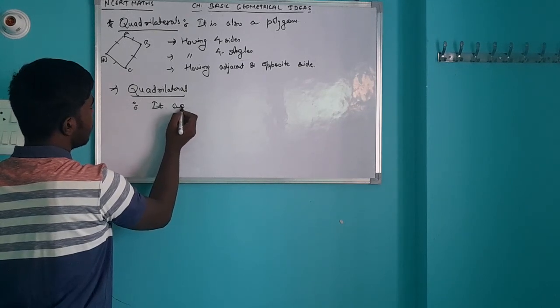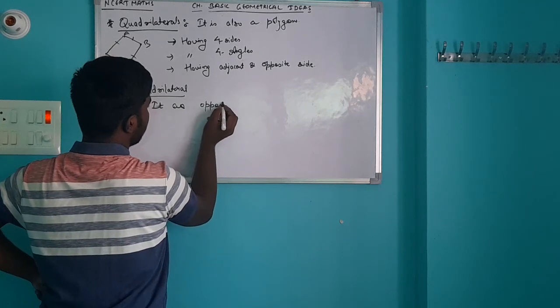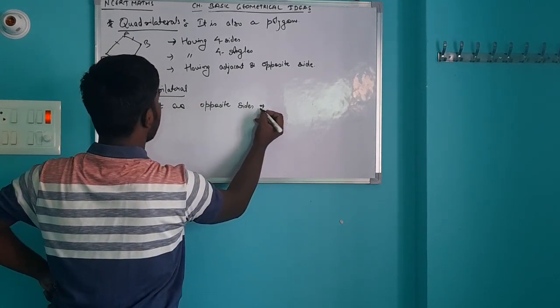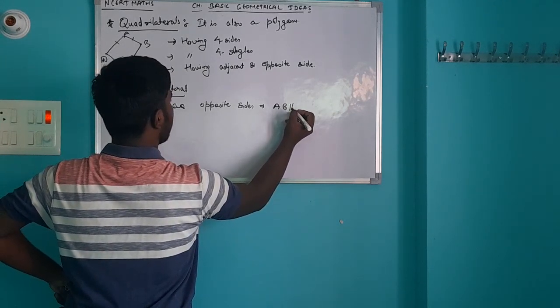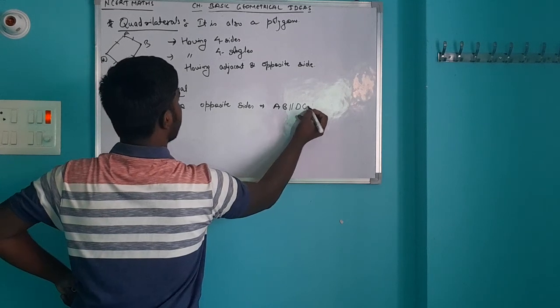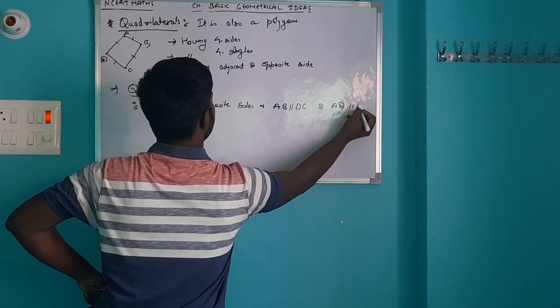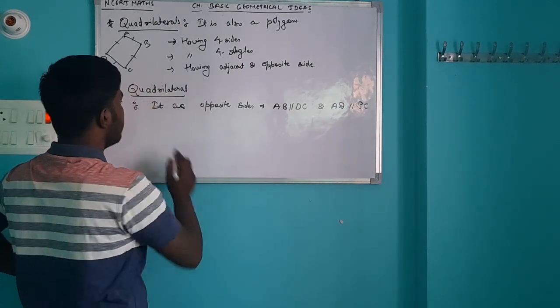It has opposite sides like AB is parallel to DC and AD is parallel to BC. So these are the opposite sides which are parallel to each other.